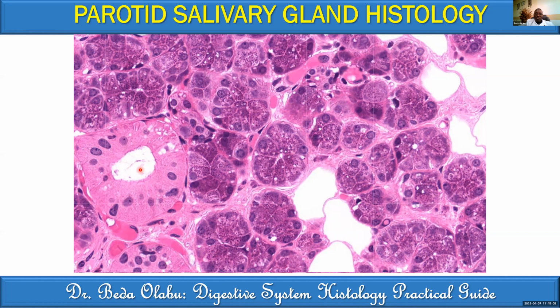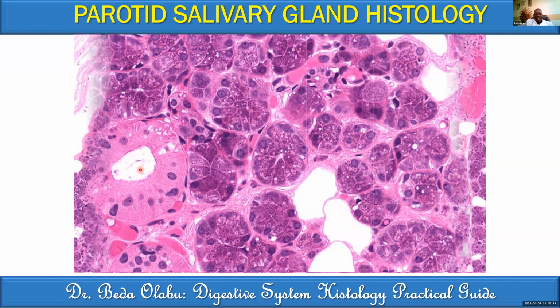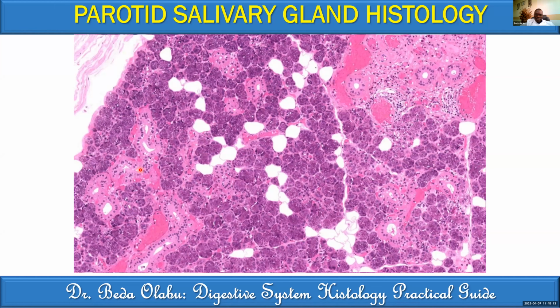So parotid gland contain predominantly serous acini and of course the duct. So that is a low magnification just to capture that. Lobulation, the presence of serous acini, the ducts, scattered adipocytes, and connective tissue covering.